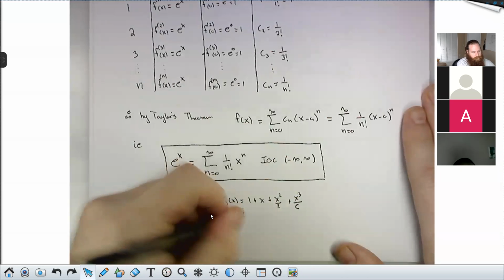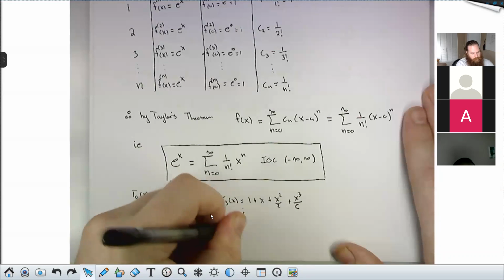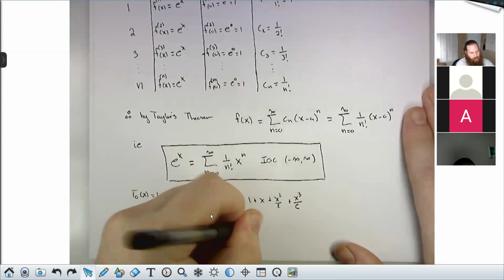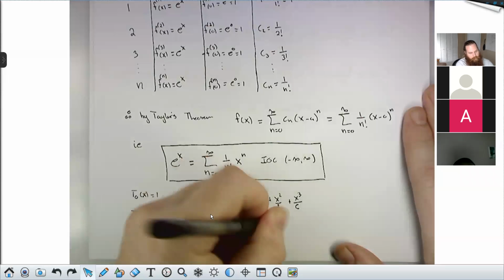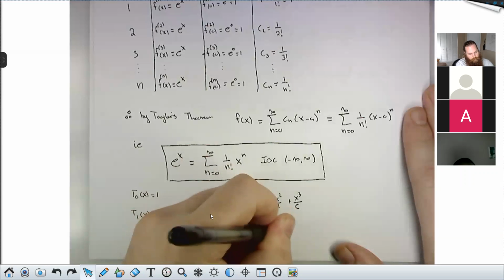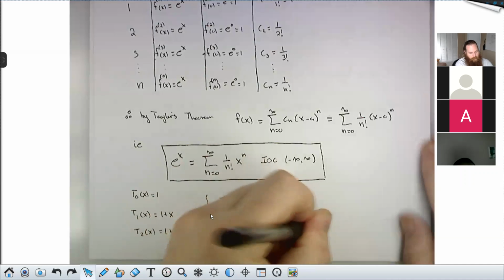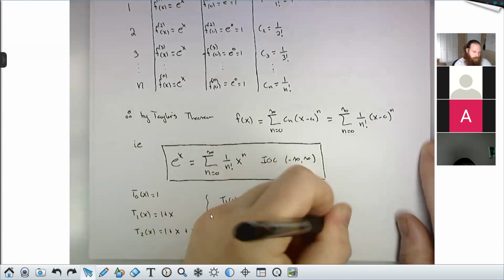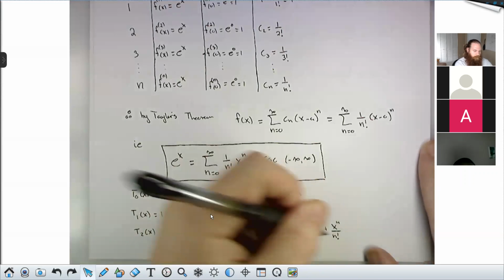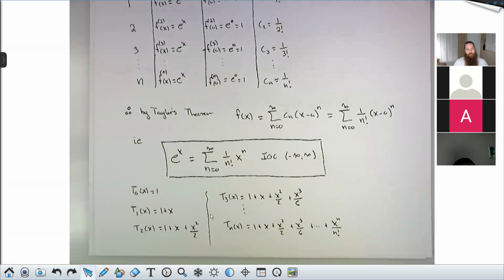And in general here, Tn would be 1 plus x plus x squared over 2 plus x cubed over 6, all the way out to x to the n over n factorial. It's the nth partial sum of this power series.